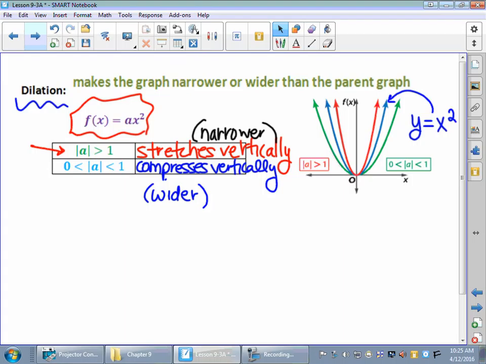That makes it wider than the parent graph. Compresses, think about if you sit on it, it will compress, it will get wider. If you stretch it vertically, up and down, it's going to get narrower than the parent graph.